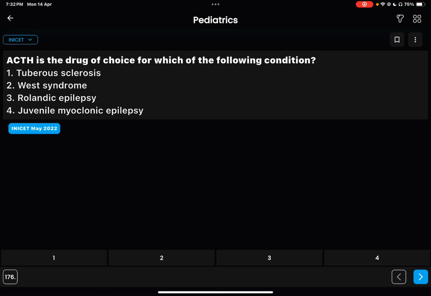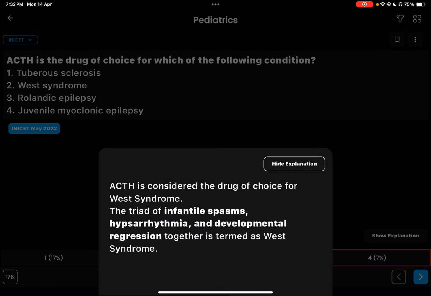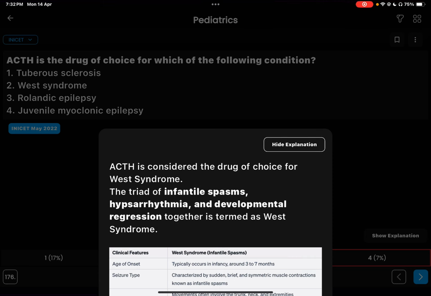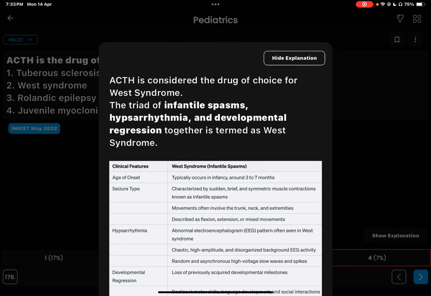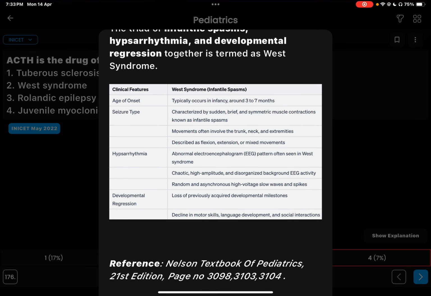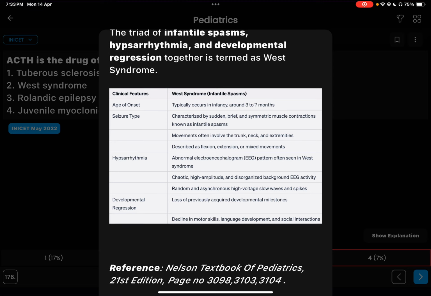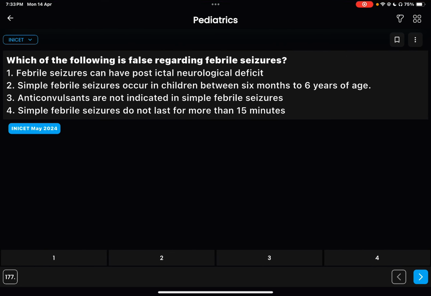So, answer is West syndrome. They do not have postictal deficits.